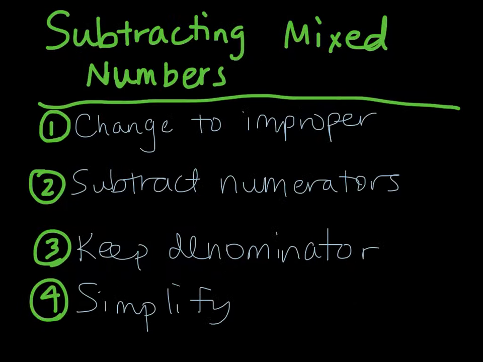All right, when we subtract mixed numbers, the first thing I want to do is change them to improper. Some problems I can do without changing them, but it's the safest way to do subtraction problems, especially now that we're dealing with negatives. And then I do the same thing, subtract my numerators, keep the denominator, and simplify, simplify, simplify.